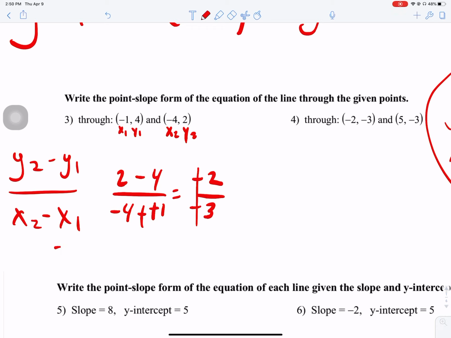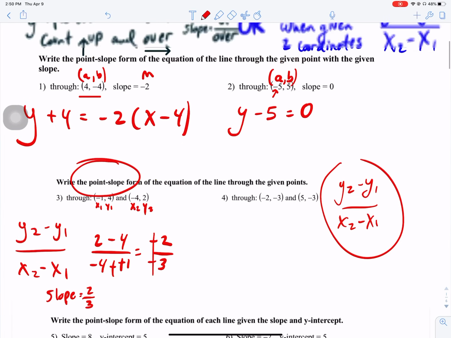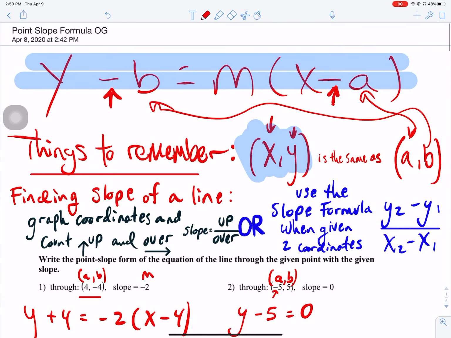So my slope is 2/3. Now, that's not the answer because it's asking you to write point slope form. So we need to write the original equation. We just figured out what m was.